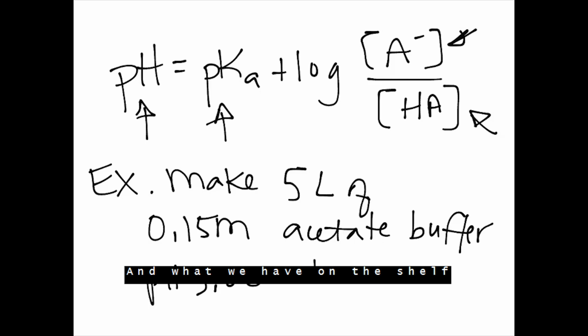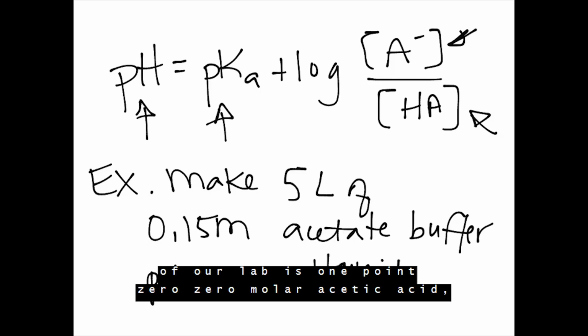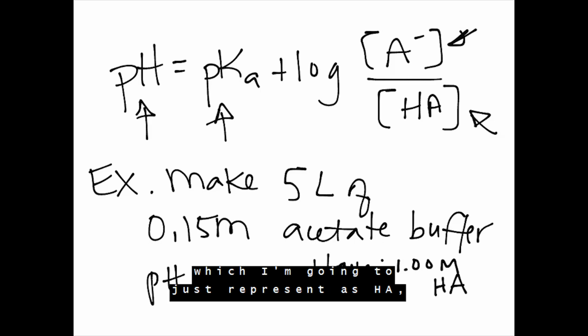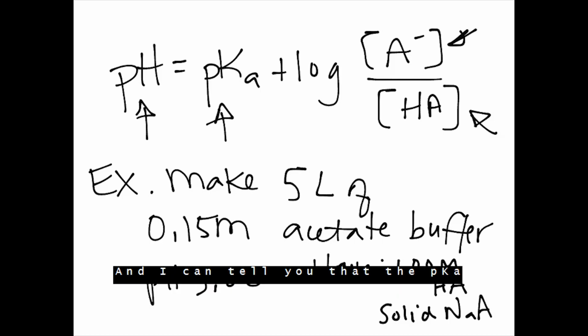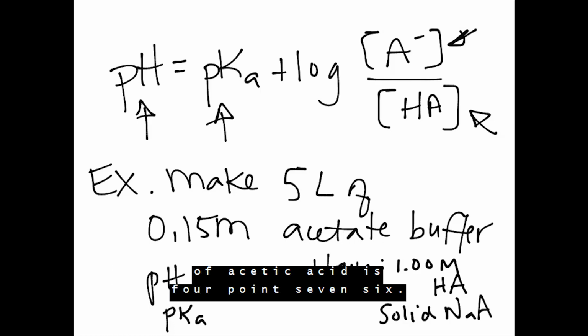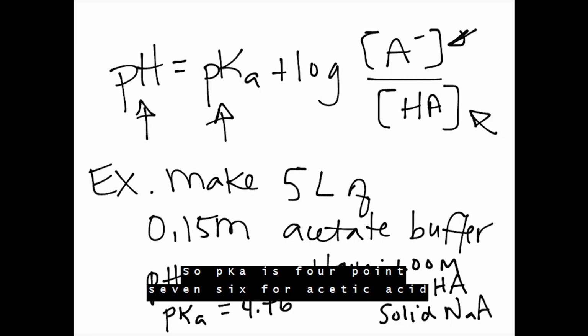And what we have on the shelf of our lab is 1.00 molar acetic acid, which I'm going to just represent as HA. And we have some solid sodium acetate, which I'll represent as NaA. And I can tell you that the pKa of acetic acid is 4.76, for acetic acid to lose this proton and turn into the conjugate base.